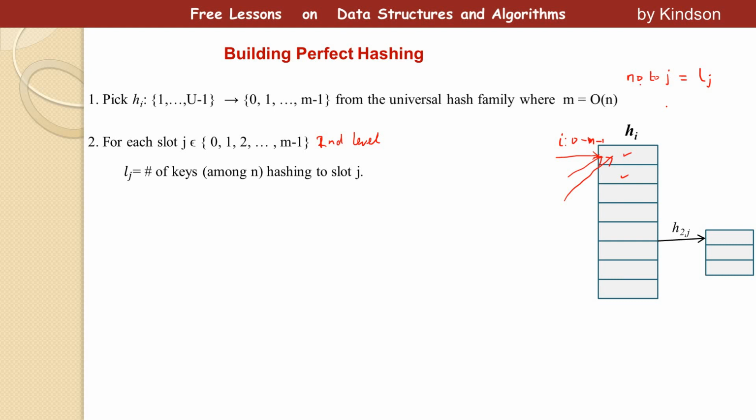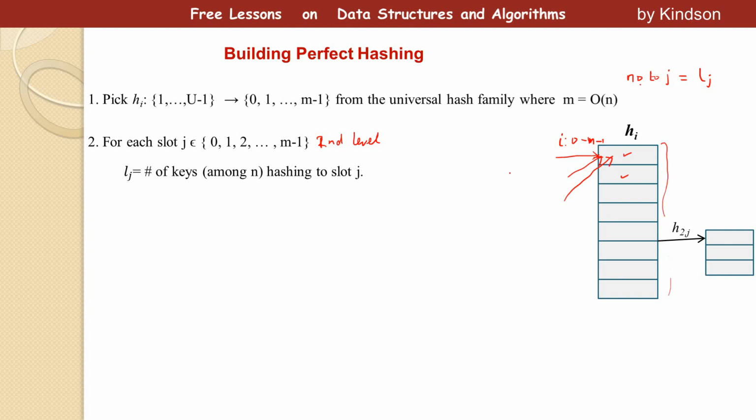So how many keys will actually hash into slot j? Because if we know how many keys are going to hash into slot j, this is what matters. Lj is the number of keys hashing into slot j, and m is the size of the first table.